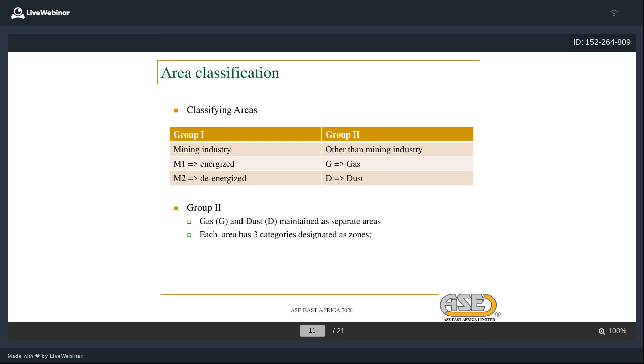Each area has 3 categories, and these categories are designated as zones. What are these zones? The zone describes the amount and duration of material present in that area.